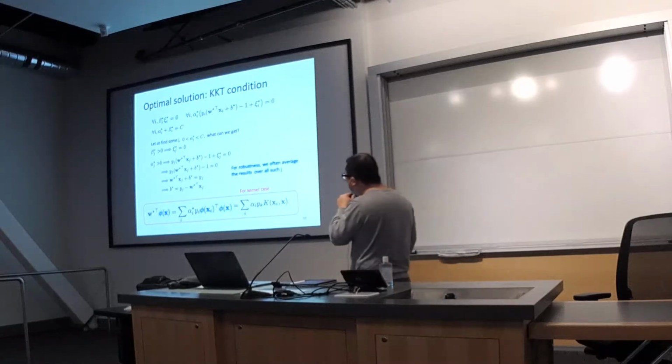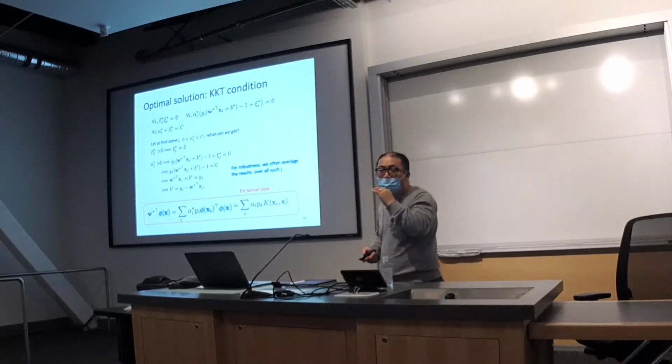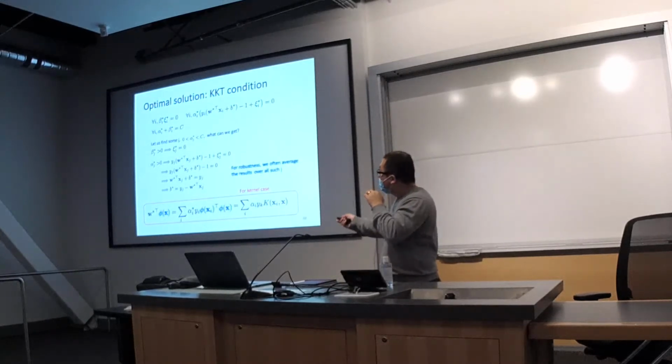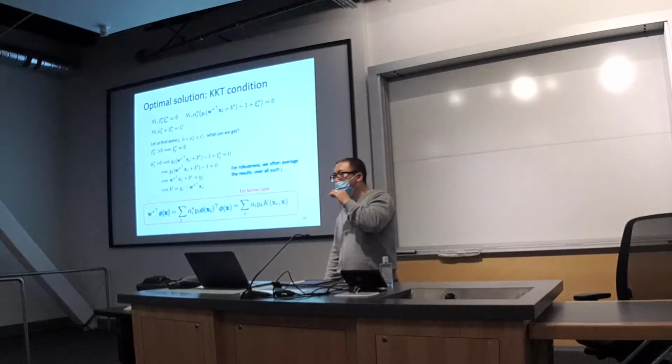But in a kernel case, how can we do that? If we perform some very high dimensional feature mapping, how can we obtain b star? Any thoughts?